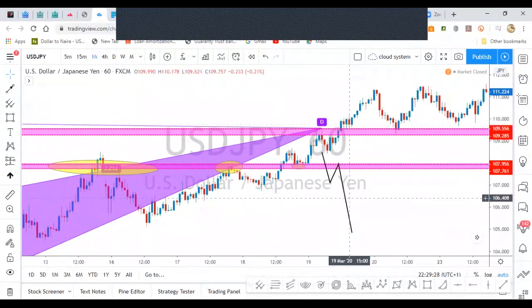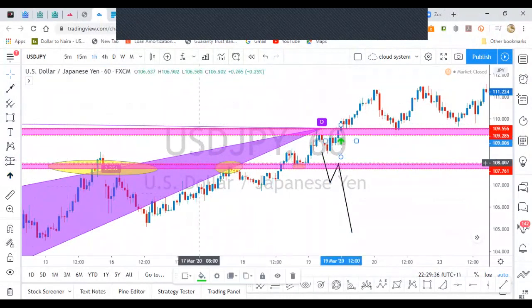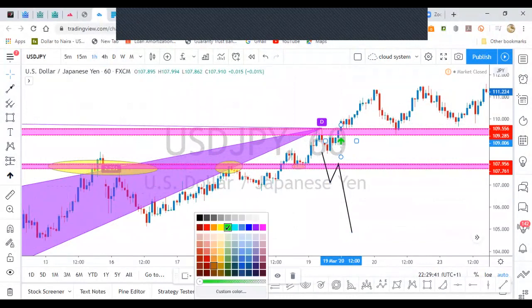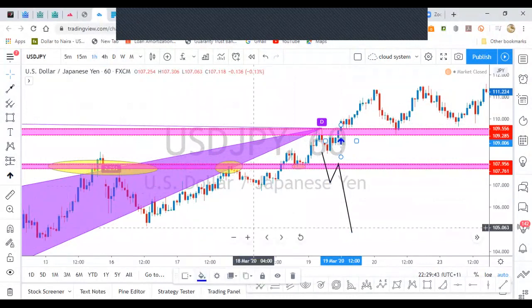Okay? Now, the candle here broke above the zone. This is the flow I'm looking for.